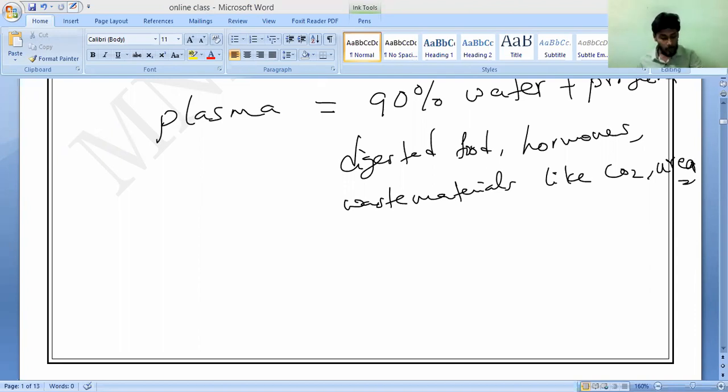This plasma carries all these dissolved substances from one part of the body to another. That is the use of plasma.